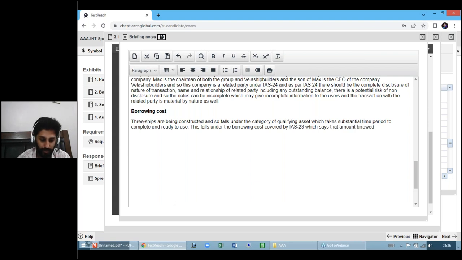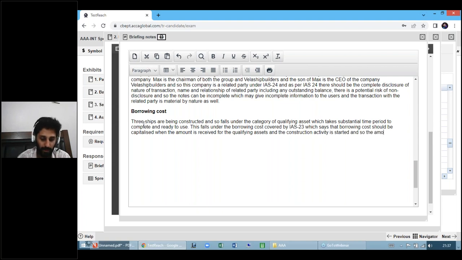amount borrowed, which says that borrowing cost should be capitalized when the amount is received for the qualifying asset and the construction activity is started.